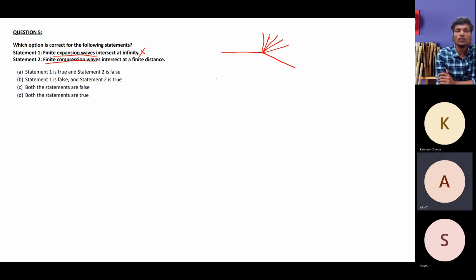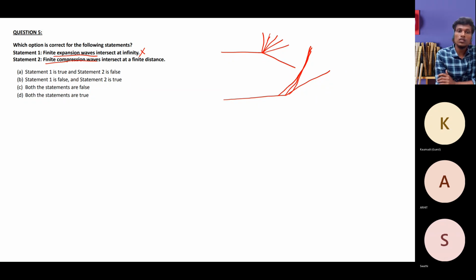And for finite compression waves, if they are forming like this, you will see this kind of phenomenon. The theory is that every finite wave is able to create some particular difference in the property. Like if you have a finite wave, it can create a delta rho or delta T or delta P. It will create a finite or significant amount of change in property.